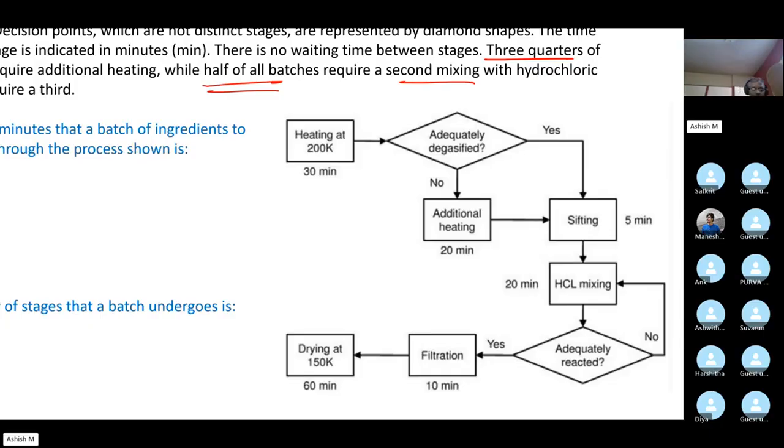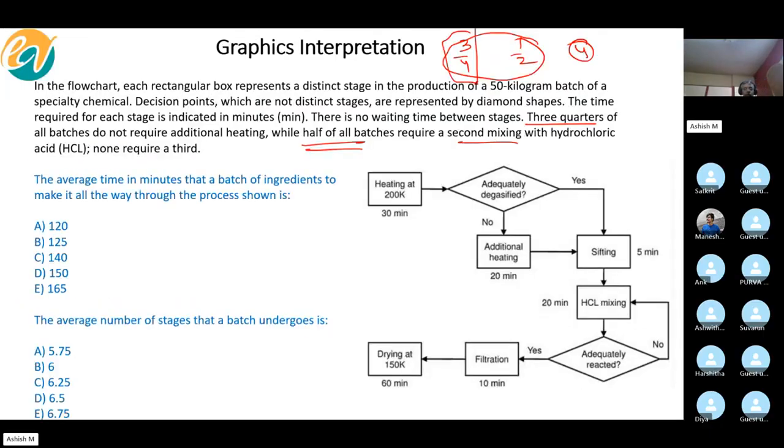So 30 plus 5 plus 20 plus 10 plus 60. The minimum that any batch would take is 125 minutes. So if we are talking about 4 batches, all 4 batches require 125 minutes minimum.